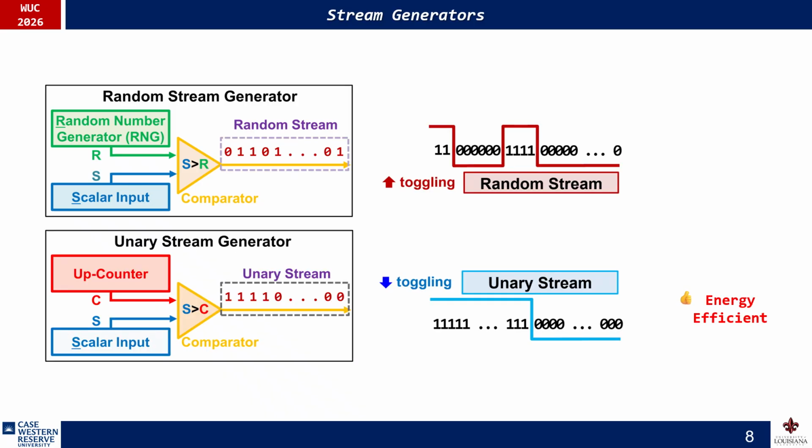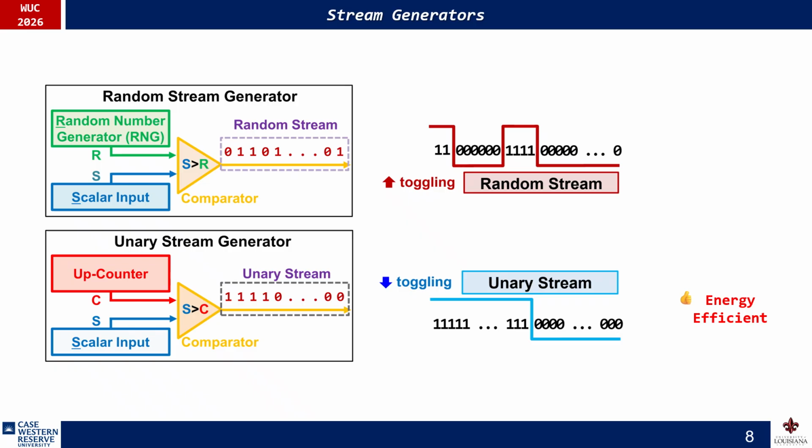As a recall, in the Unary computing setting, as proposed before, instead of an RNG I used a Unary up-counter generator, which is just a simple binary counter starting from 0. At each clock cycle, the counter increases to 1, 2, 3, and so on, and is compared with the scalar input. It checks whether S, the scalar to be represented in the unary bitstream, is greater than the counter output or not. If it is, I record a 1 in my output unary bitstream.